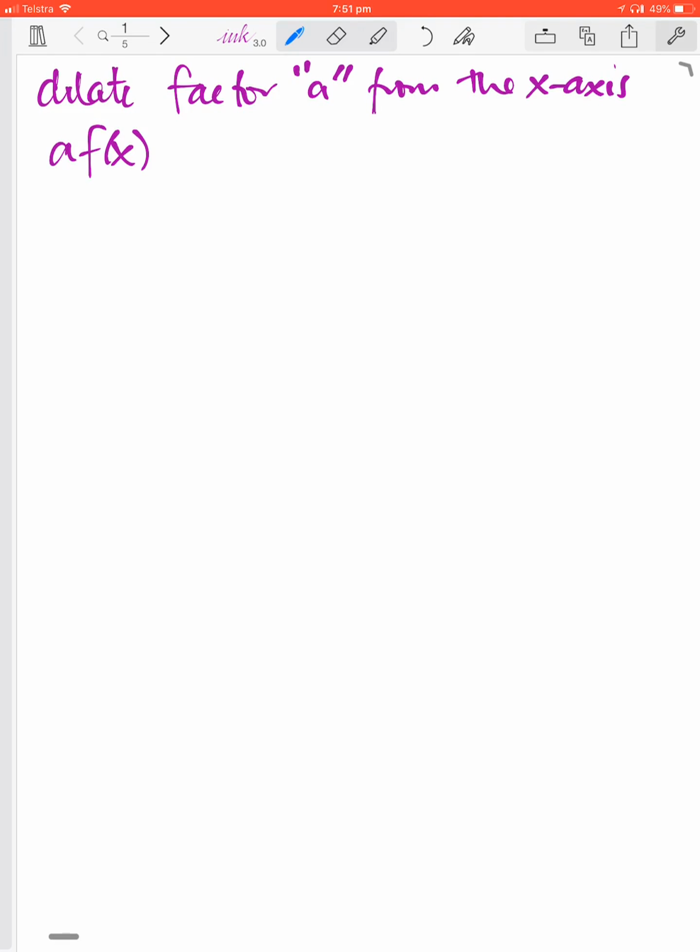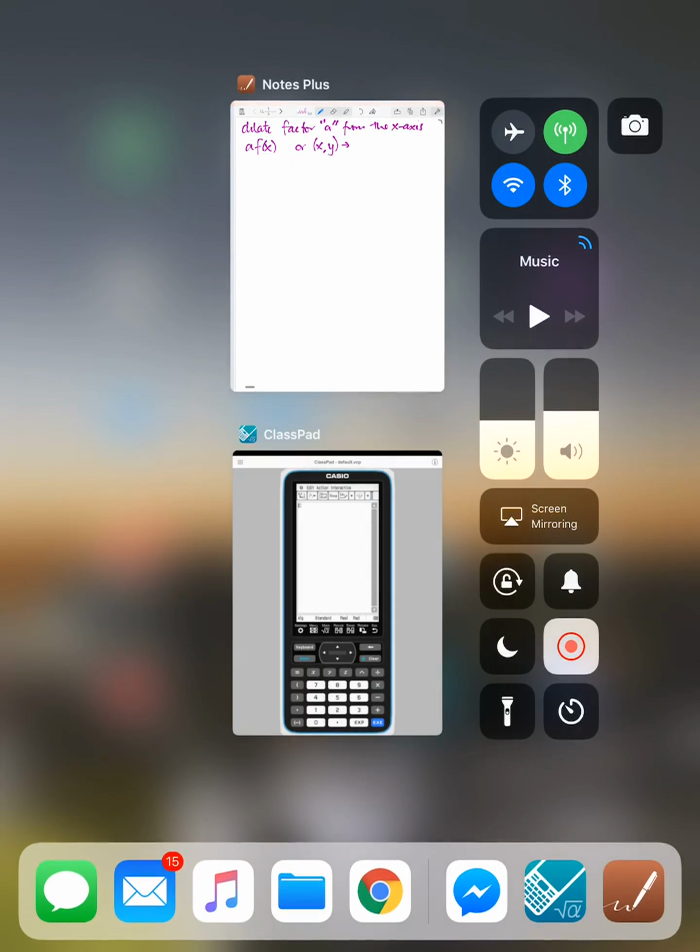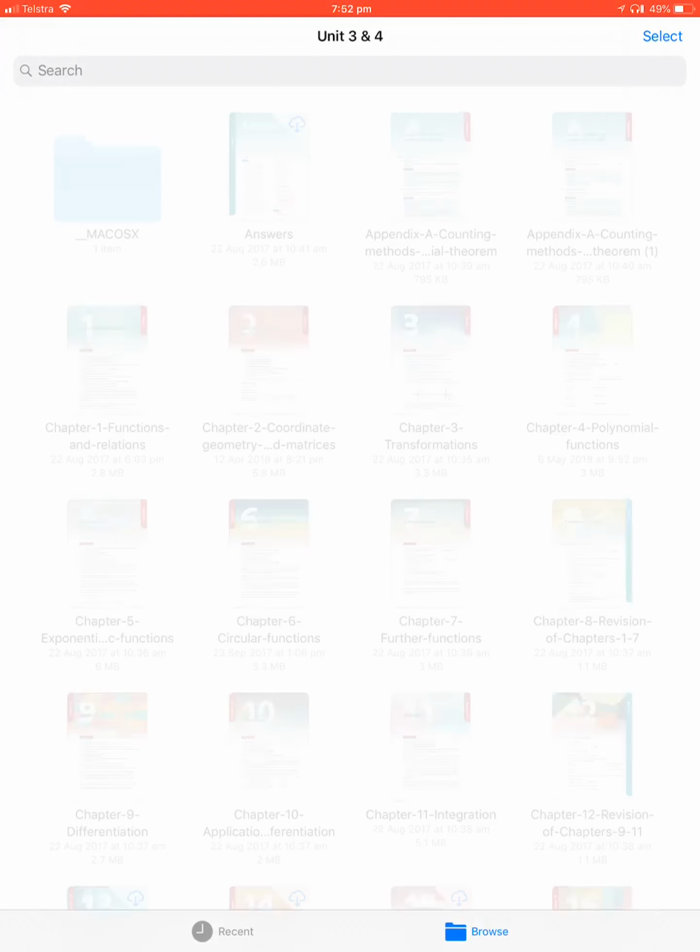So if I want to dilate factor a from the x-axis, we could say a times f of x, or x, y goes to x dash, a y dash. Well, actually, I think the notation I use is, let's have a look. I don't really ever do it this way.